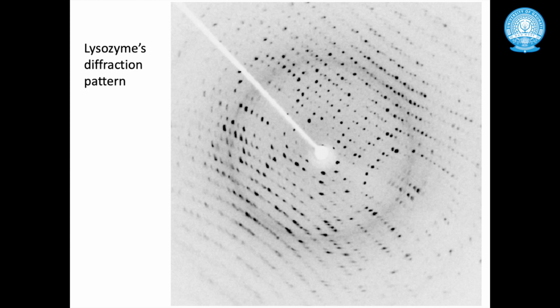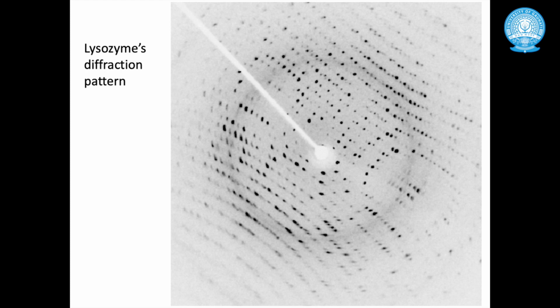So X-ray diffraction is an advanced technique of confirming the structure of a compound. Beyond this, as of now, there is no other technique which can be used for further confirmation of a structure.